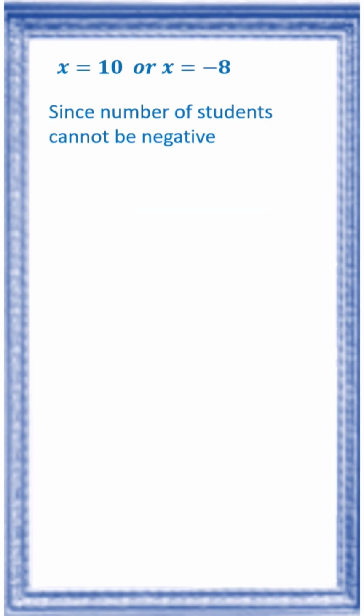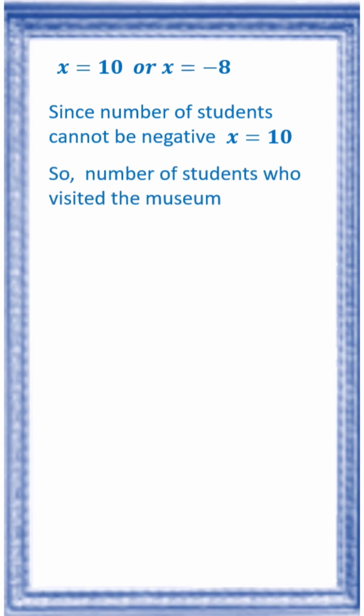Number of students cannot be negative, so x is equal to 10, isn't it? That is the original number of students. But 4 of them were unable to visit the museum. So 10 minus 4, that is equal to 6. So the number of students who visited the museum is 6.